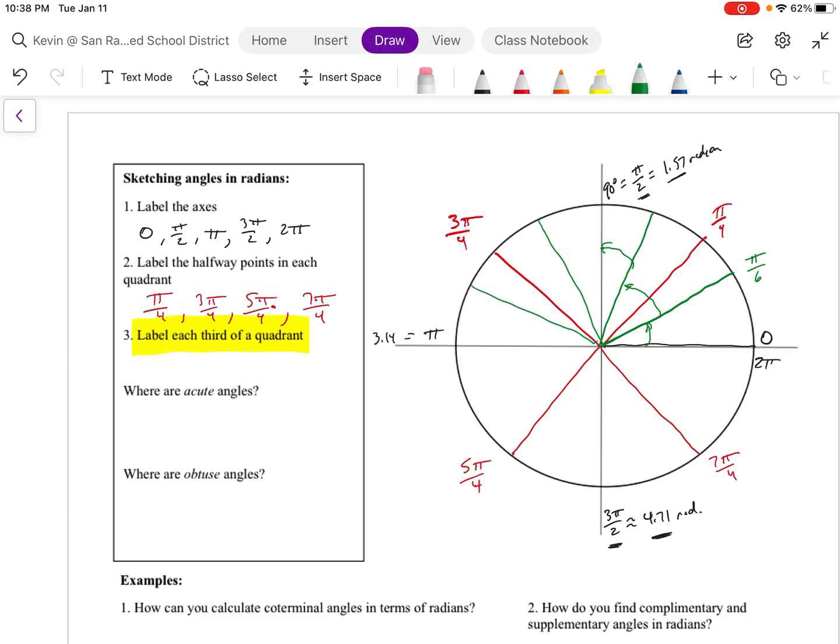So if we take all of those pieces, we have 1, 2, 3, 4, 5, and 6. We're dividing between 0 and pi into 6 pieces. And I've got to draw this one back over here. So that's pi over 6.